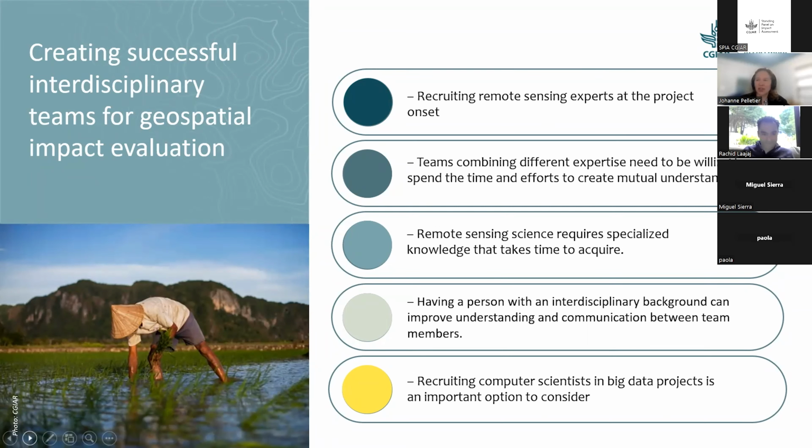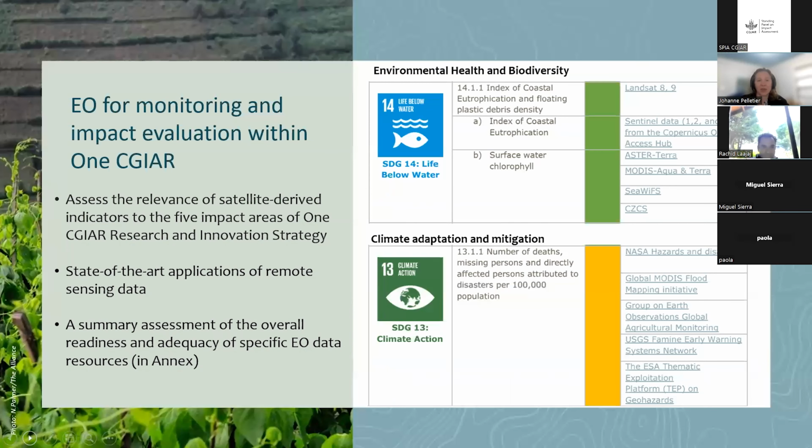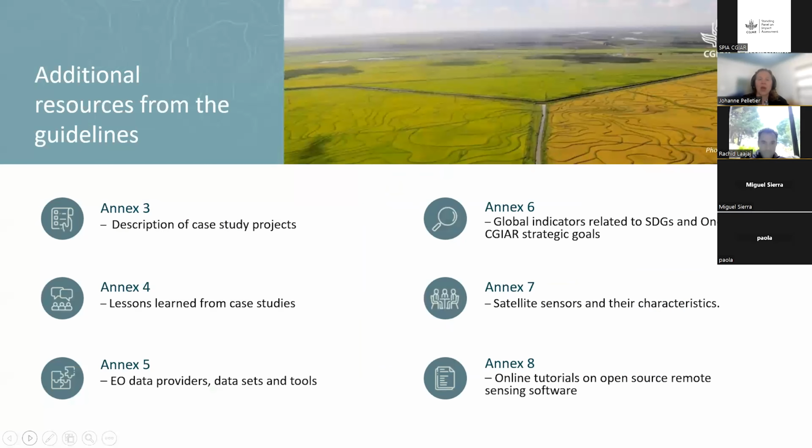So teams share different expertise. I invite you to go look into that. It's very informative. There's also a whole analysis of satellite-based indicators that are relevant to the 5 impact areas of One CGIAR, and what the readiness level and adequacy of these resources are.